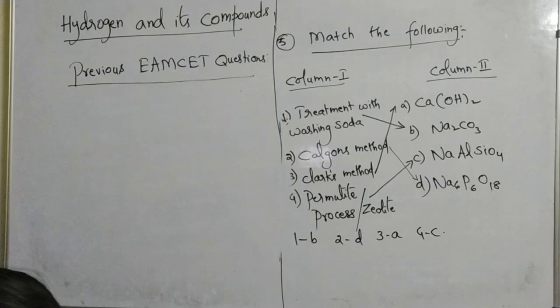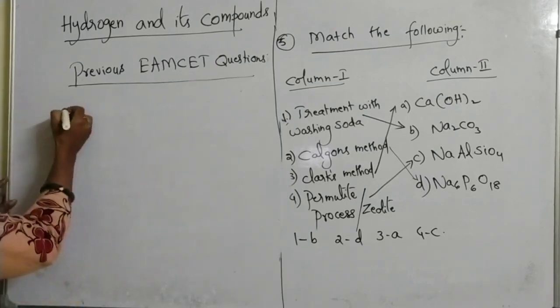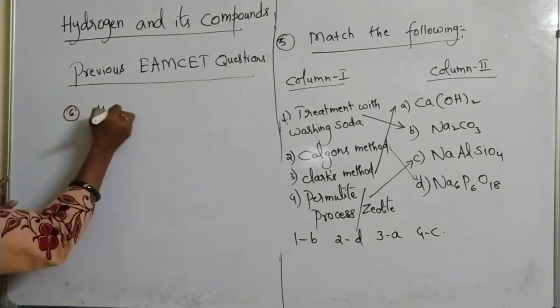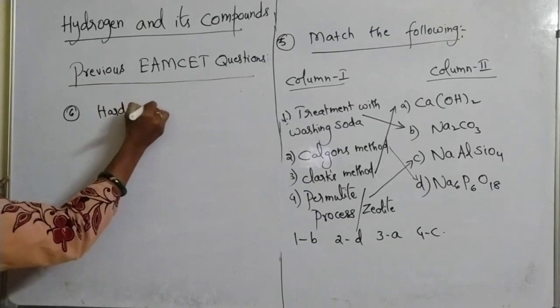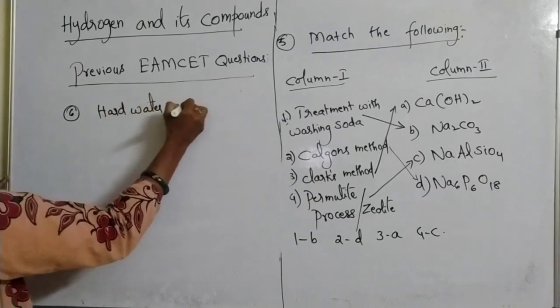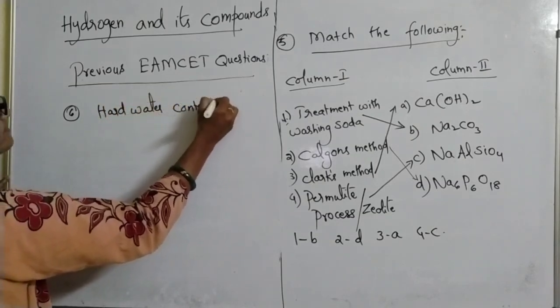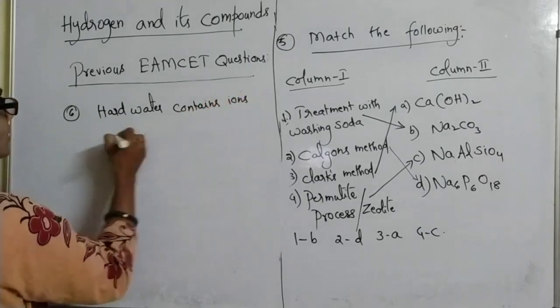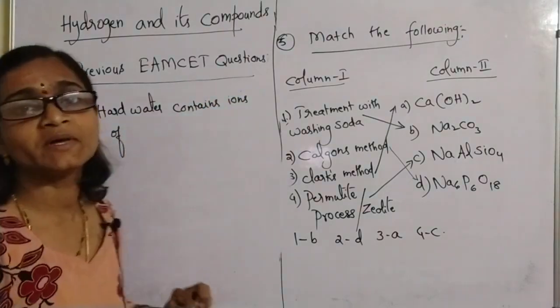Hard water contains ions of dash and dash. Sixth question. Hard water, we have just now discussed. Hard water contains ions of calcium and magnesium.